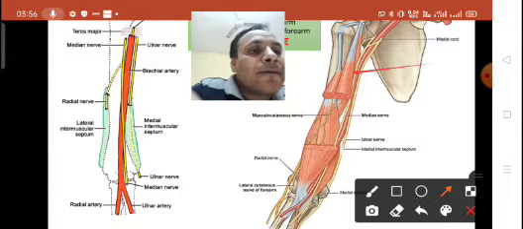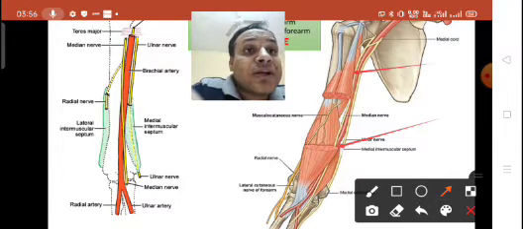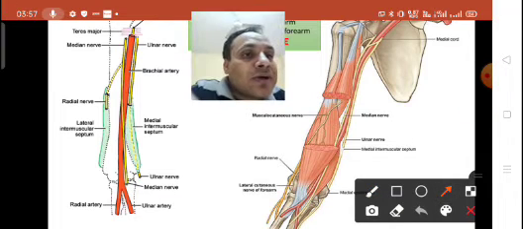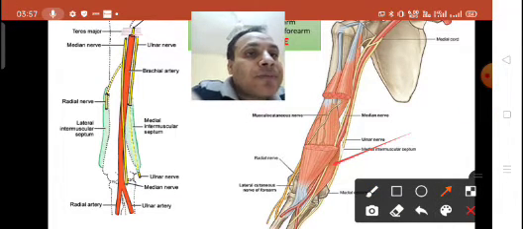In the middle of the arm, near the insertion of coracobrachialis muscle, the median nerve crosses in front of the brachial artery from lateral to medial side. You can see in this diagram the crossing of the median nerve from lateral to medial side.